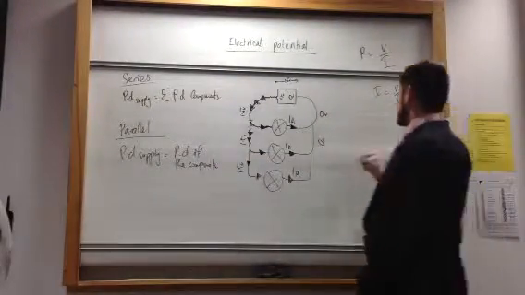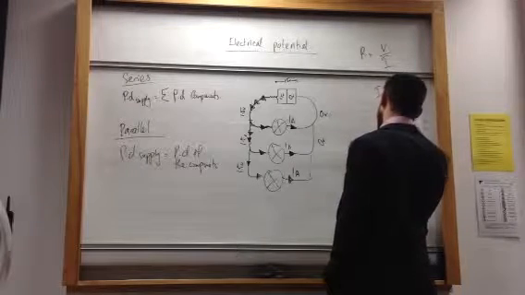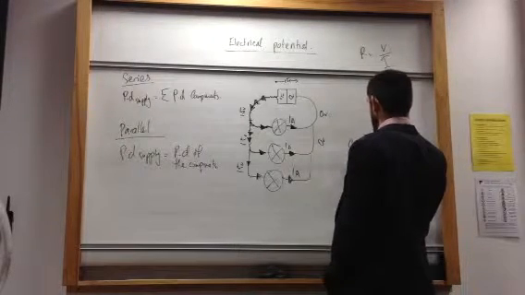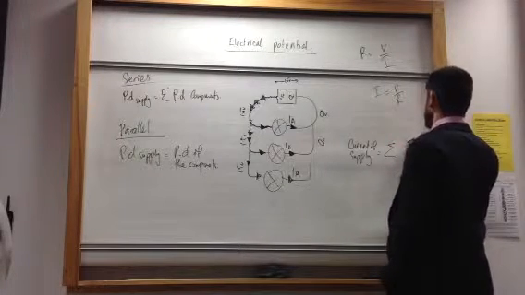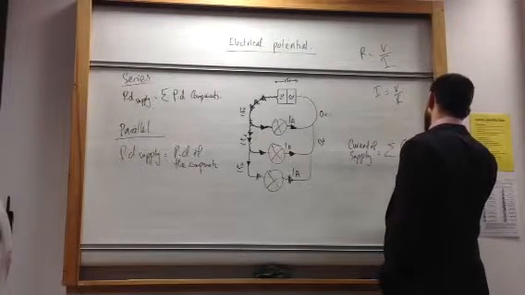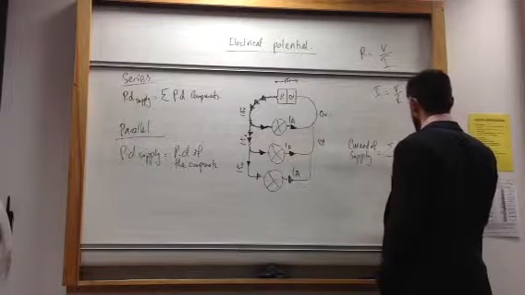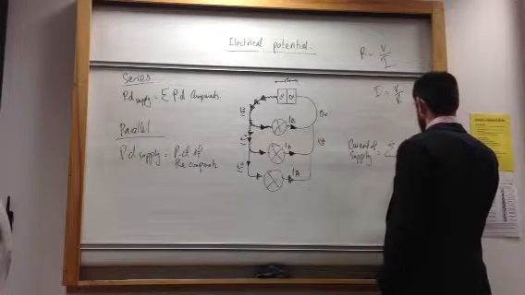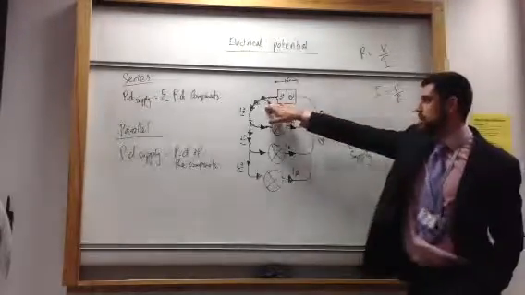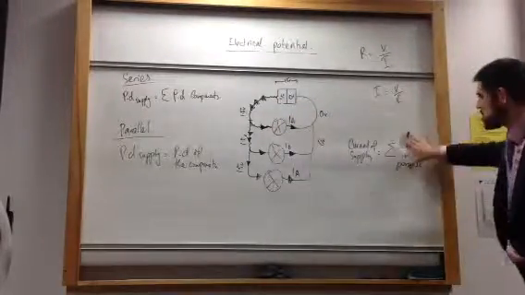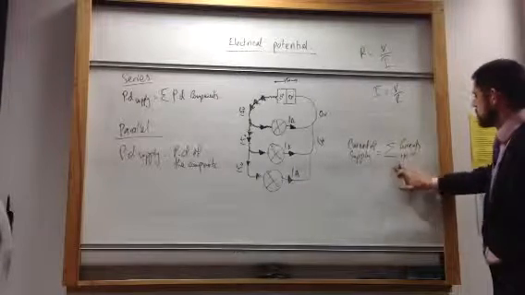Well, the current of the supply is equal to the sum of the currents in parallel. So the current in the supply, 3 amps going through the battery, is equal to the sum of the currents in the components.